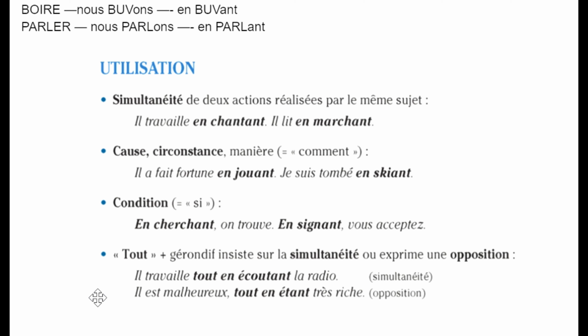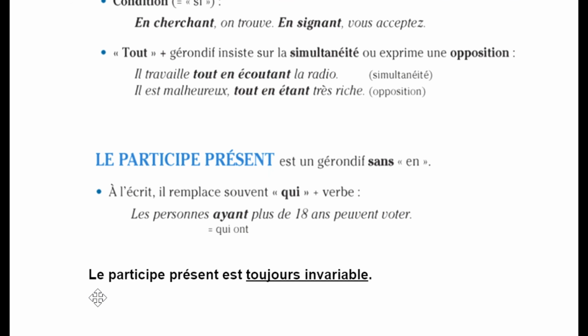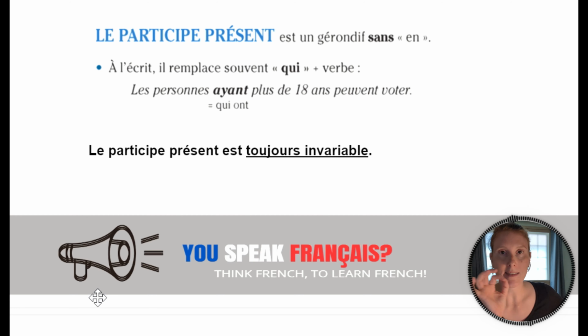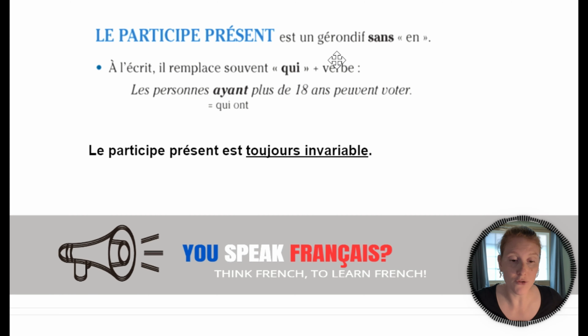So this is Gérondif. Then there's something very close to Gérondif, which is called participe présent. What is participe présent? It's exactly the same thing as Gérondif, construction-wise, except that you have to remove the preposition en. Okay?